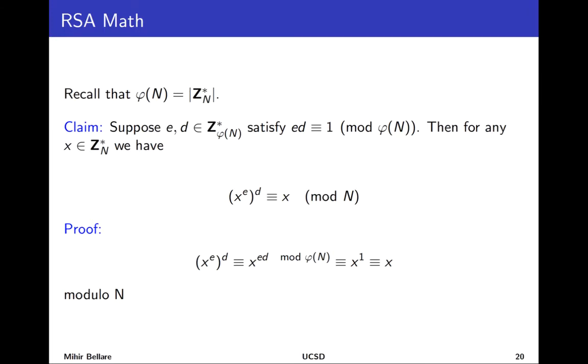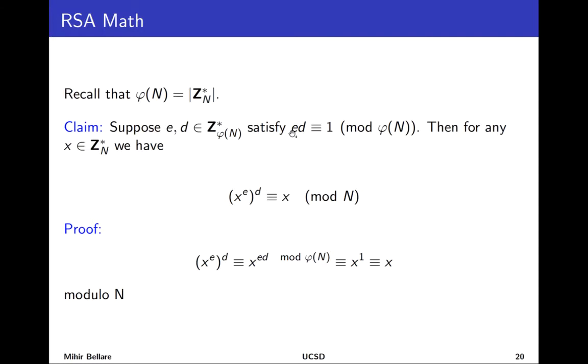Now, suppose I give you a pair of points E and D. To what domain do they belong? Well, phi of n is itself an integer. I can look at the integers modulo phi of n and relatively prime to it, which is this set over here. I'm going to take 2 points in that space, which is different from the space Zn star.